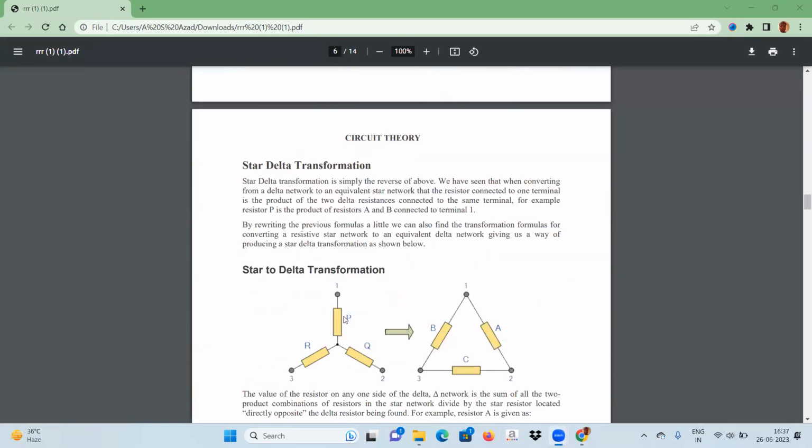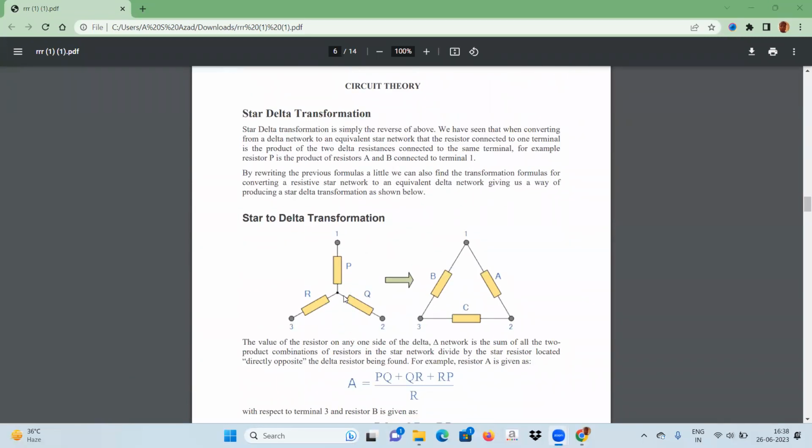Okay. Now we will see delta to star conversion. In delta to star conversion, if this is delta and this is A, then A is equal to PQ plus QR plus RP divided by R. What is R?